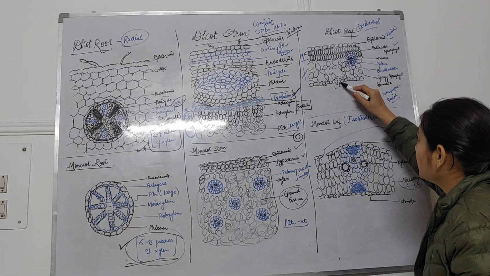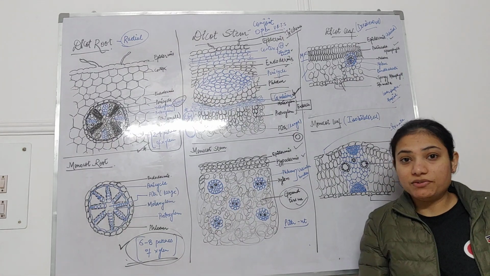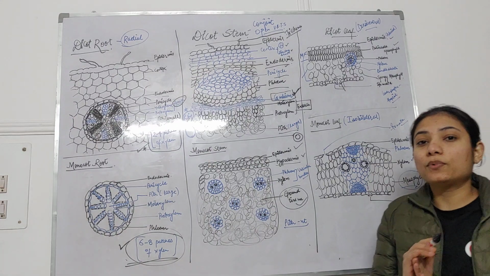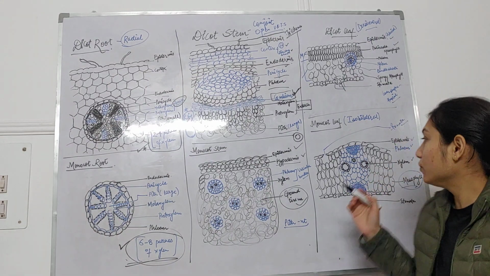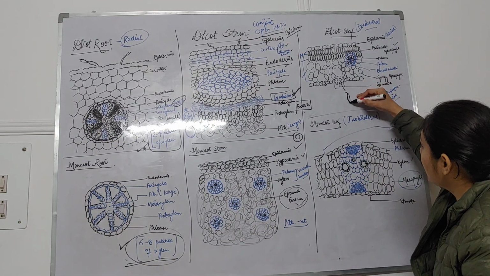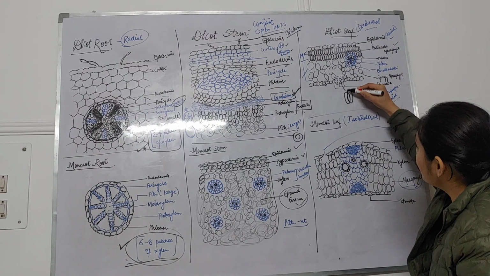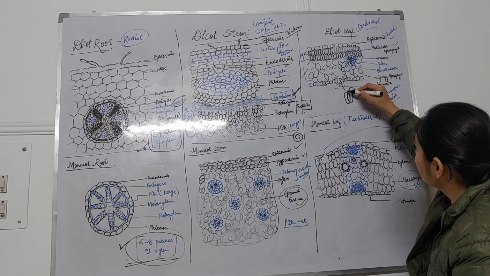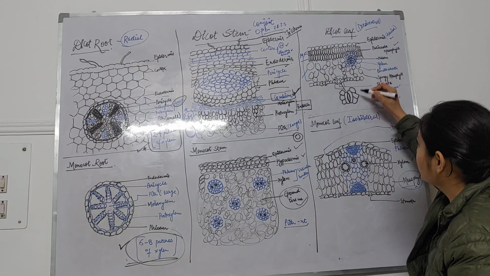These are guard cells. The cells surrounding the stomatal pore are the guard cells, and the cells surrounding the guard cells are subsidiary cells, here, like this.